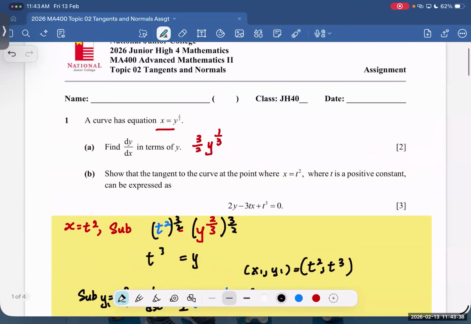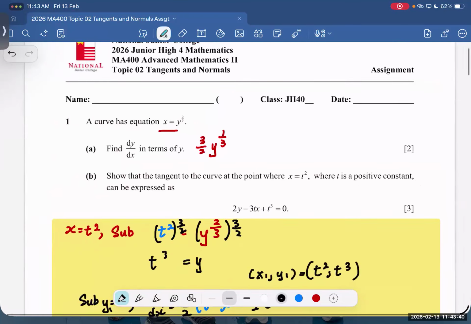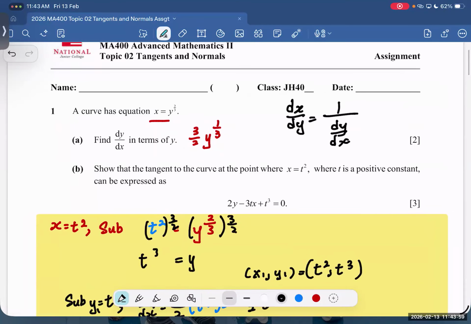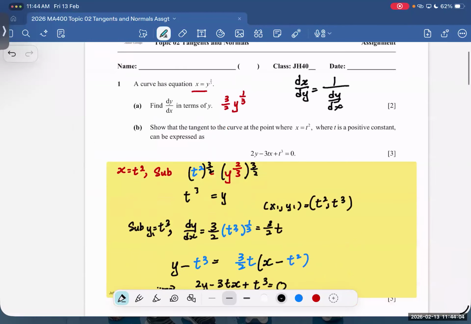Sometimes it can be in terms of y, but all you need to do is an additional substitution. Generally, if I'm talking about dx dy, it is 1 over dy dx. This is found inside the pages of your notes. It's like a fraction.